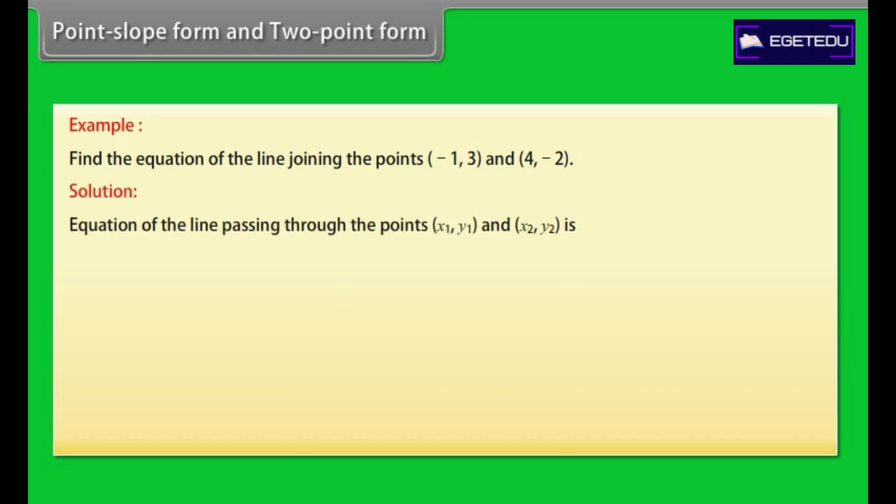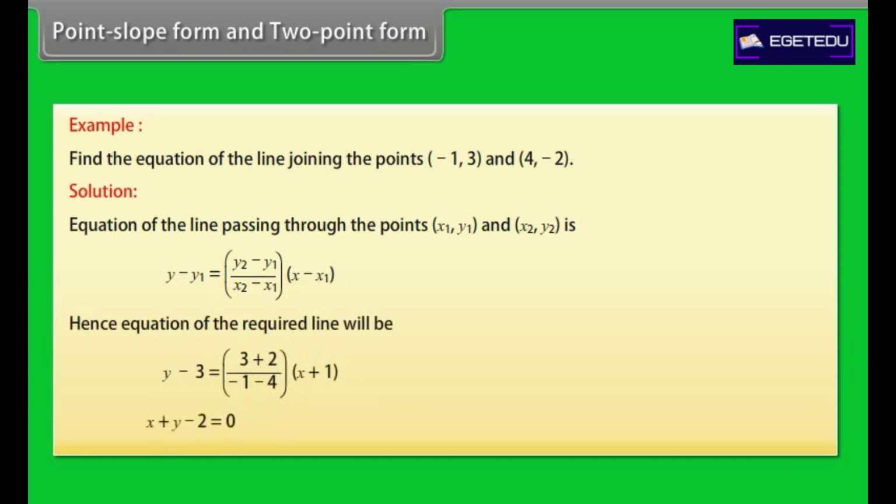Equation of the line passing through the points (x1, y1) and (x2, y2) is y minus y1 is equal to (y2 minus y1) by (x2 minus x1) into (x minus x1). Hence, the equation of the required line will be x plus y minus 2 is equal to 0.